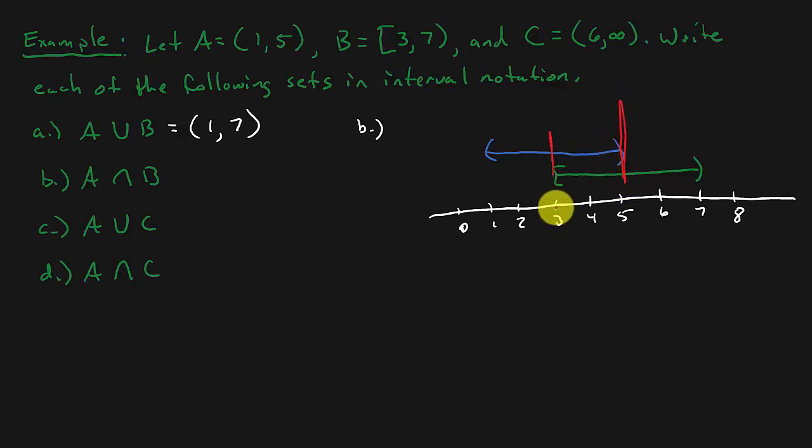So that's from 3 to 5. And see, we're going to have a bracket here on the 3 because the 3 is included on both of them. But here on the 5, we'll have a parenthesis because the 5's not included on this blue line up here. Okay? And so this would be 3 to 5.